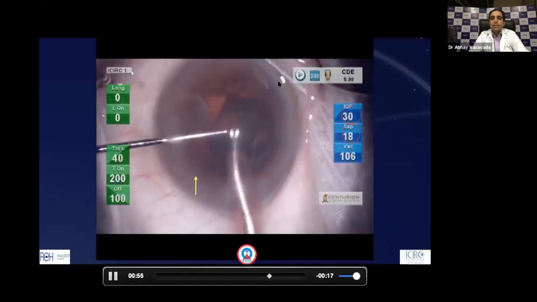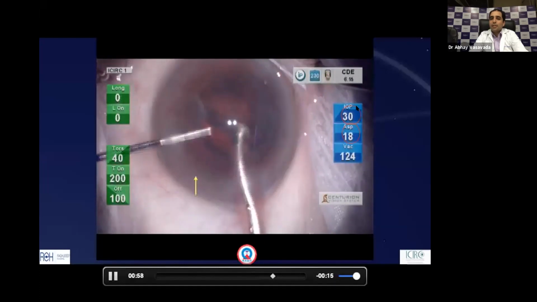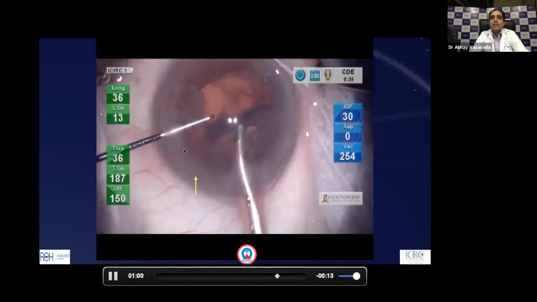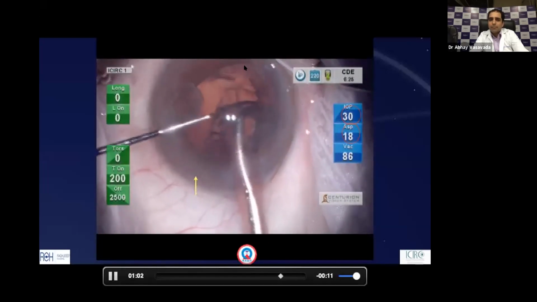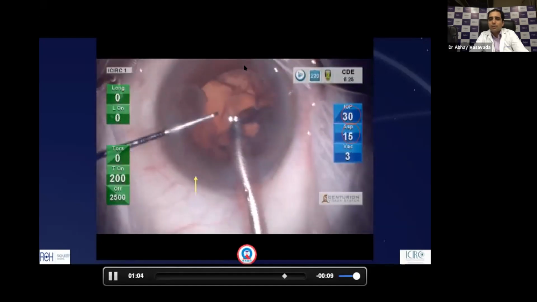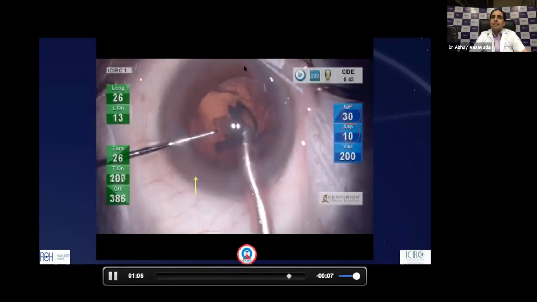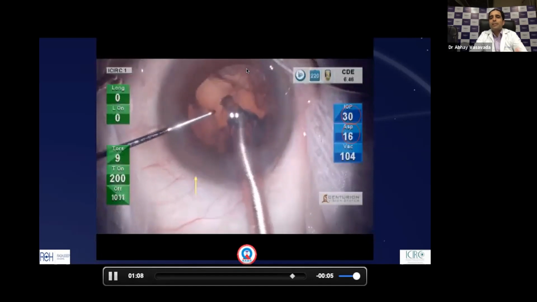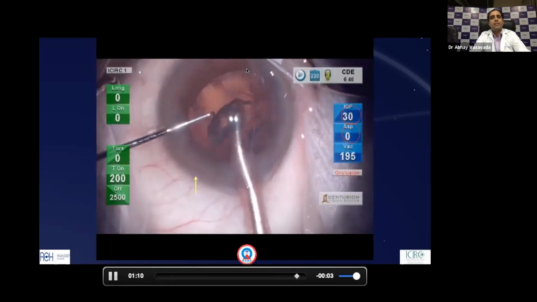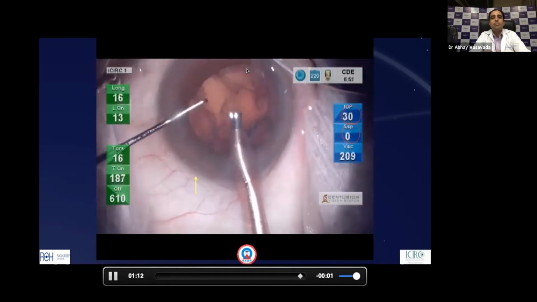Once it has gone back, all through the surgery we were able to manage without the iris coming at any stage. Keep noticing the fluttering of the iris. So this is a floppy iris, but to say that once the iris prolapses, it will always continue to prolapse throughout the surgery is something that can easily be modified, particularly by changing your parameters.